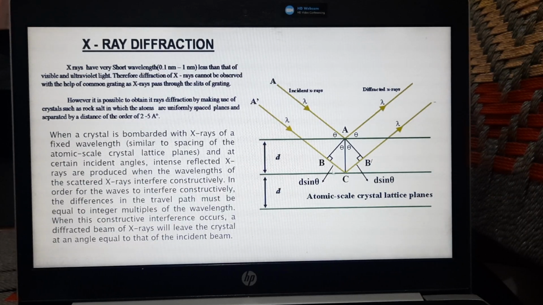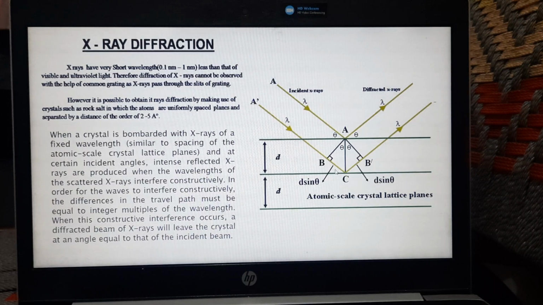Look here, BC is the path difference, the difference of the lengths between the incident rays, and B prime C is the difference of the lengths between the diffracted rays. So when we will be confirming the conditions of the interference, then we will be calculating the total path difference, two times the path difference, one between the incident rays and another between the diffracted rays.